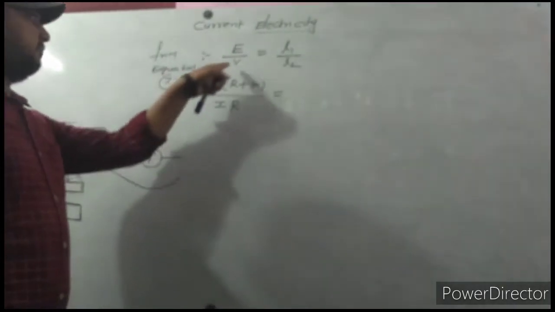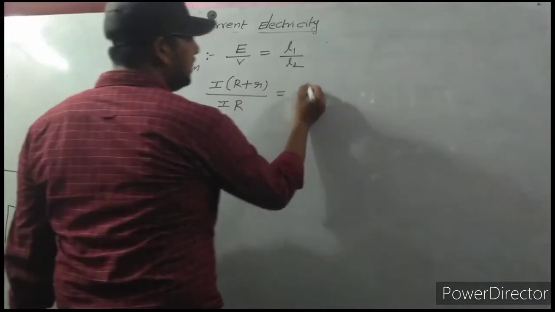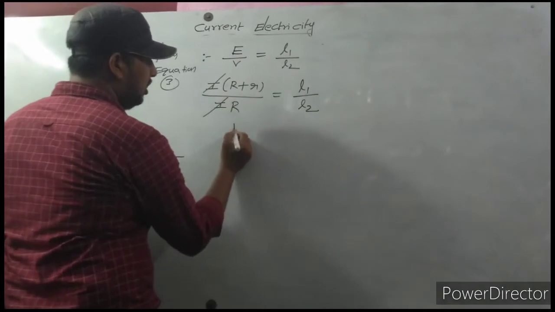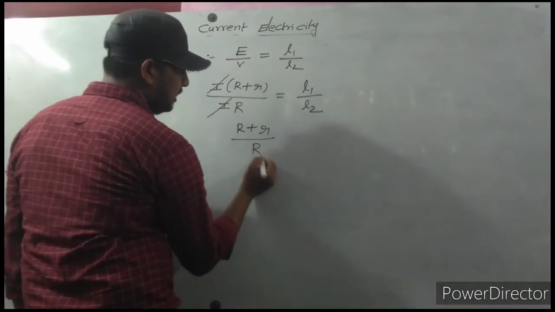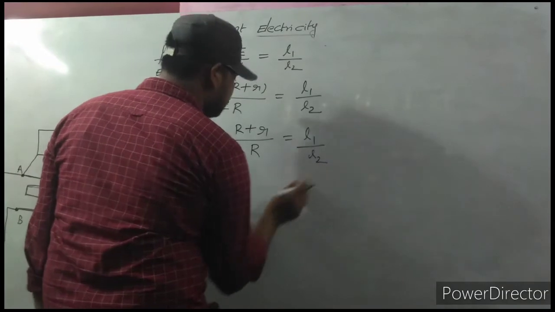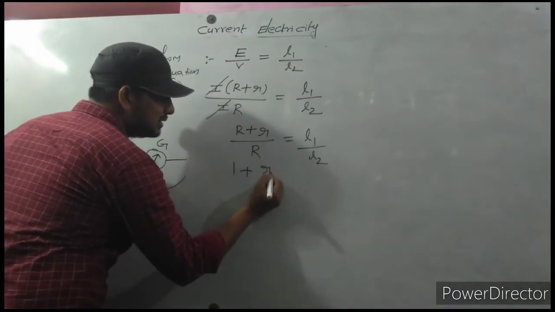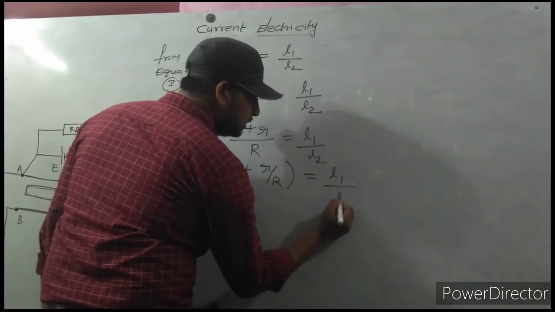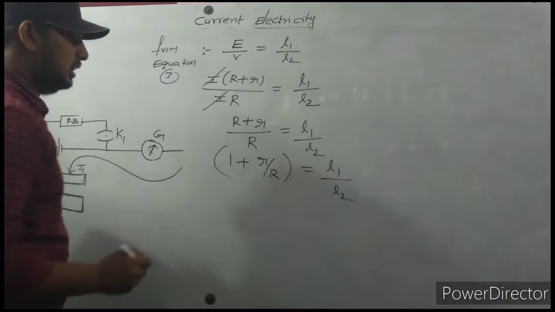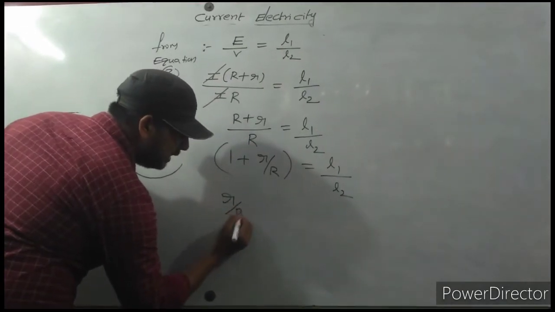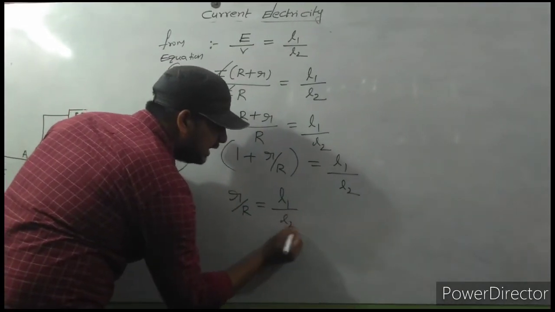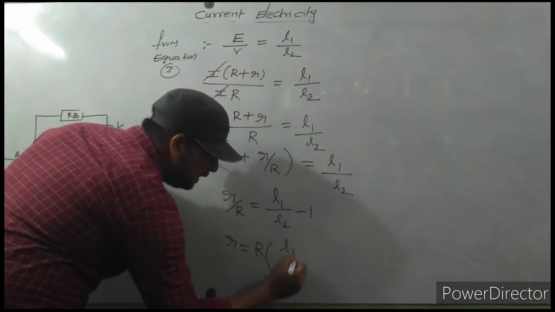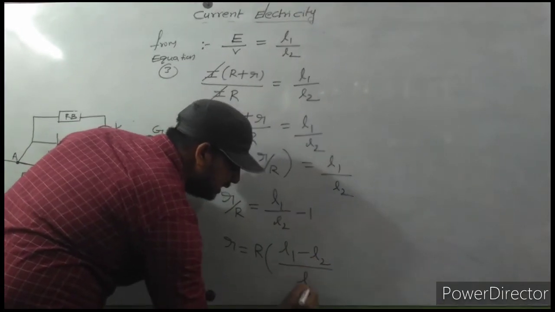(R plus r) by R is equal to L1 by L2. Here R by R is 1, so 1 plus r by R is equal to L1 by L2. I want the small r value. So r by R is equal to L1 by L2 minus 1. Then small r is equal to R into (L1 minus L2) by L2.